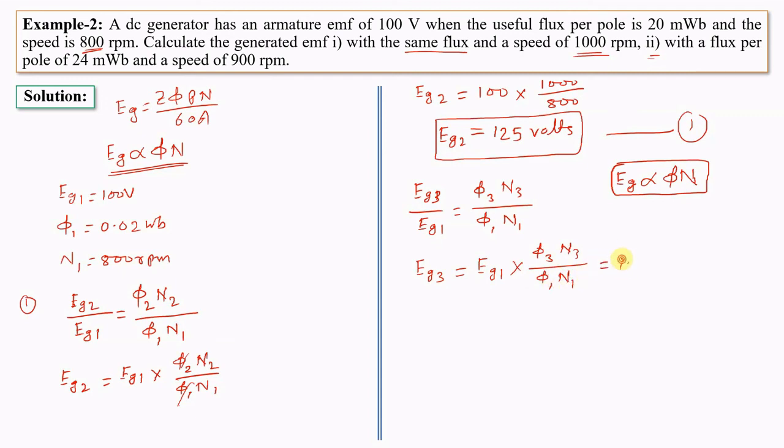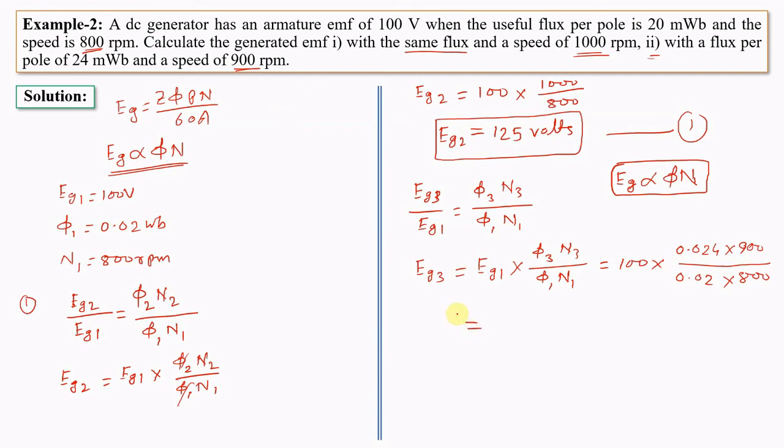where Eg1 is 100. The flux for the second case is 24 milliweber, which can be written as 0.024, and the speed for the second case is 900 rpm. So it is 900 upon first flux, that is phi 1 is 20 milliweber, that means 0.02, and the speed for the first case was 800 rpm.